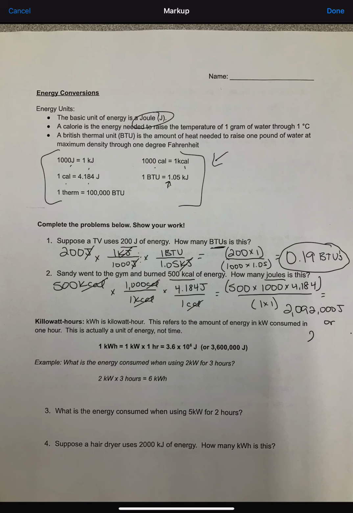Or you can put 2.092 times 10 to the 6th joules. So these are your answers. You have to make sure you include the unit in your setup and in your final answer to get all the points.